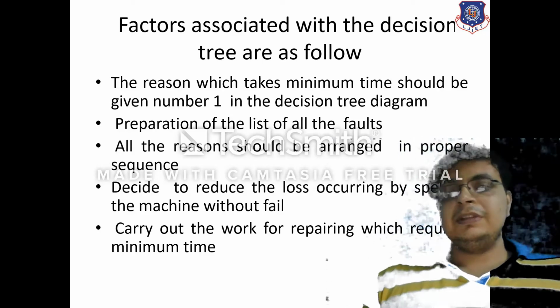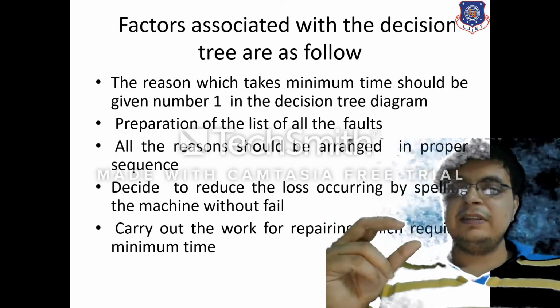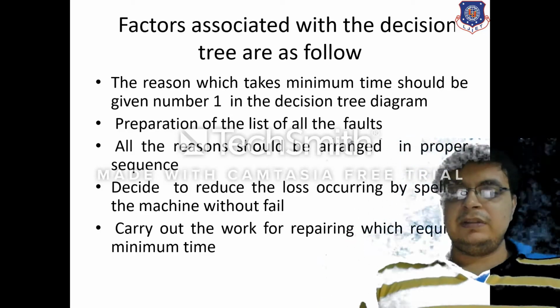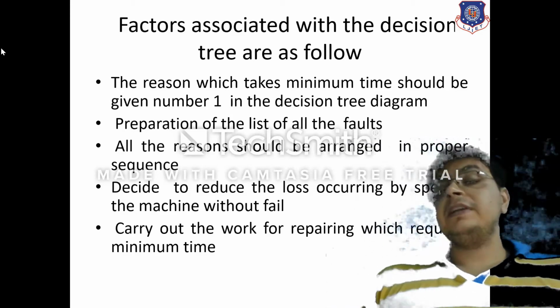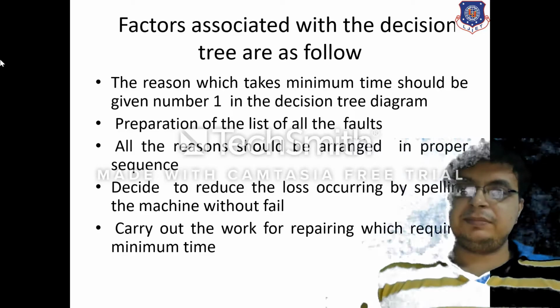We have to decide how to reduce the loss that occurs, by running the machine without failure, carrying out repairing work and all the other required things in the minimum time.